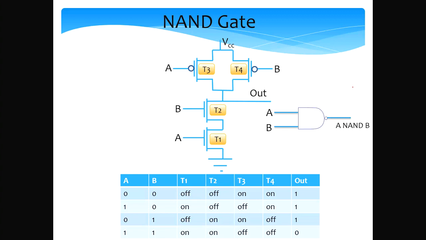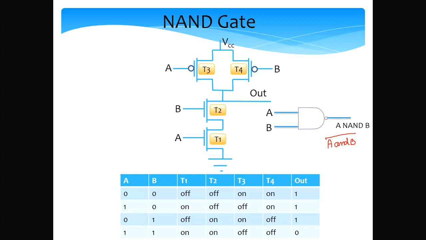So let us now take a look at the NAND gate. The NAND gate is conceptually the same thing as NOR, where we compute A and B and we take a logical complement of this. So this becomes A NAND B. Here we have a similar looking design, very different though if we start taking a look at the details.